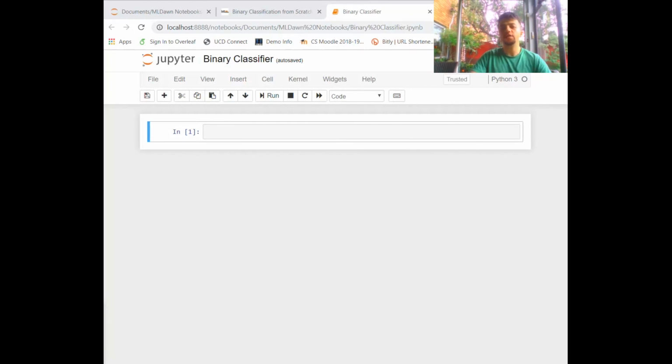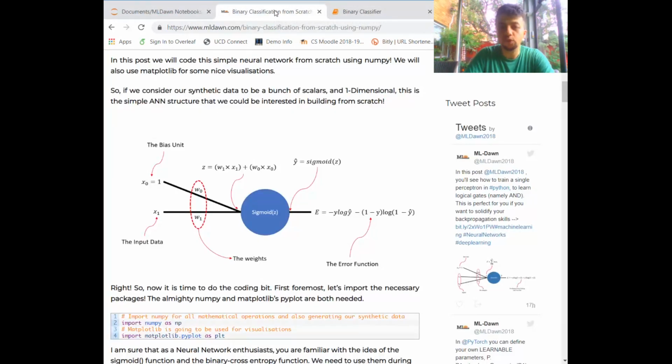I've also opened up the blog post from ML Done, and you can see the link up there. It's about binary classification from scratch using NumPy. And this is the neural network that we want to implement. As you can see, it's a simple perceptron. Your data x1 is one-dimensional, so pretty much scalars. You have a bias unit that is always equal to 1.